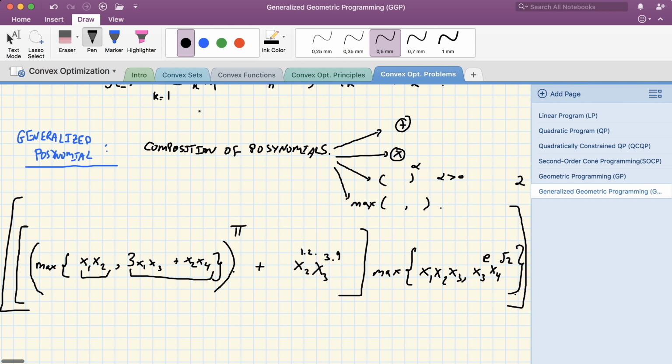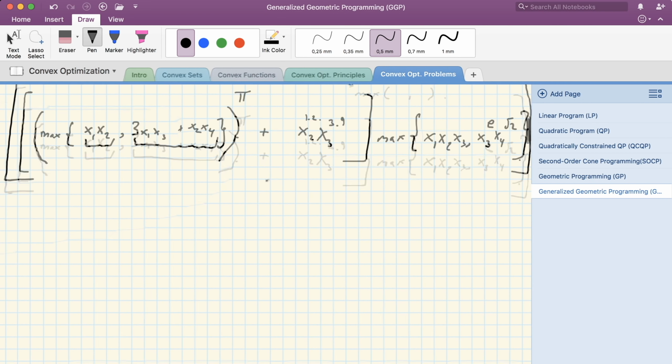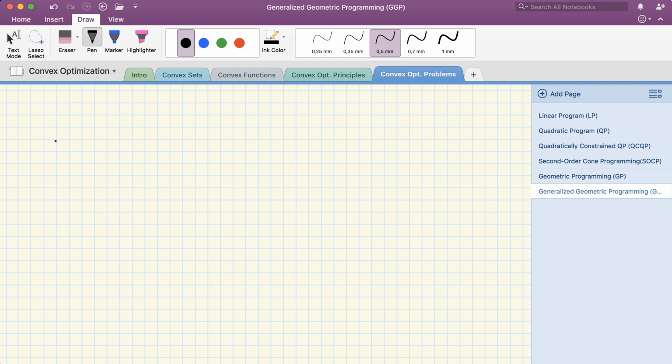Now there's another way of seeing this, i.e. composition of polynomials. So let me go down here. Since we know now what a polynomial is and a generalized polynomial is, we said in the previous lecture that polynomials are closed under products, sums, and multiplication by non-negative scalars. If I grab, let's say, p polynomials and I pass them as arguments to a multidimensional polynomial, or just simply polynomial.